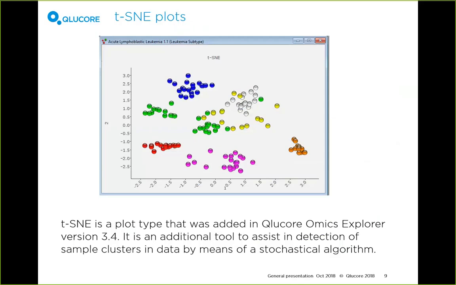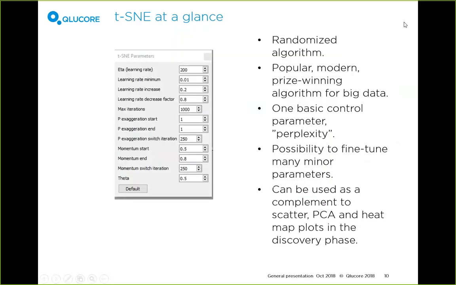That's very important to state. Now, what is t-SNE? Well, t-SNE is a way of analyzing your data and grouping it together so you can find clusters. And it finds clusters by doing neighbor analysis and trying to check for how many neighbors a sample has. And the beauty of the algorithm, the smart thing with the algorithm, is that for practical purposes, you have only one basic control parameter, which is called perplexity.